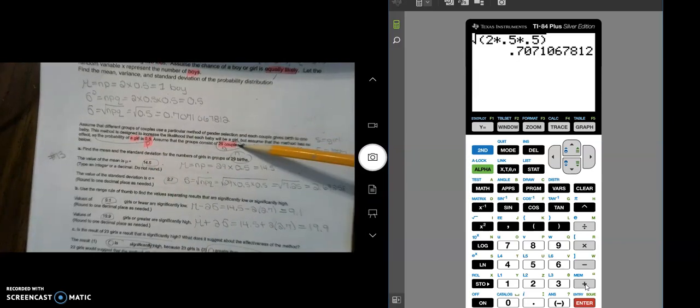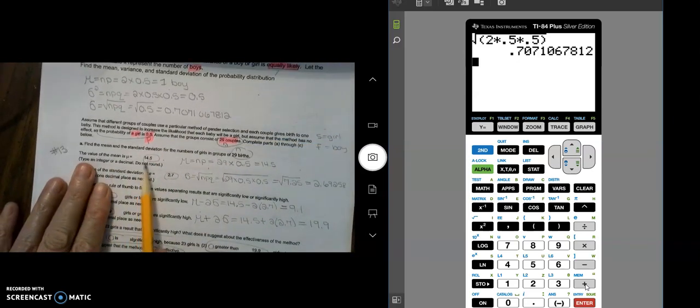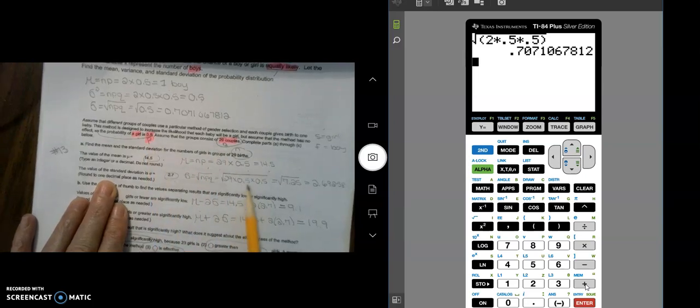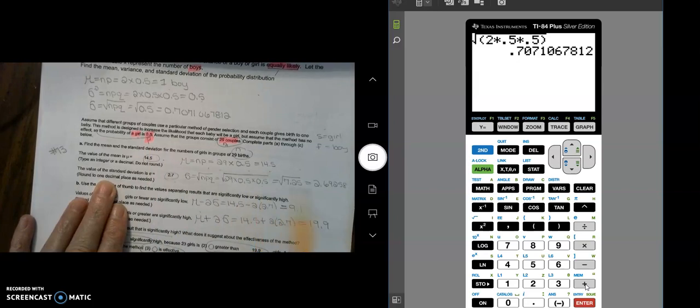And n is 29. The first thing they ask for is the mean. So I take n times p, 29 times 0.5, and I get 14.5. For the standard deviation, I take the square root of n times p times q. So 29 times 0.5, that's the probability of a girl, times the probability of a boy, which is 0.5. And if you round that, you get 2.69258.